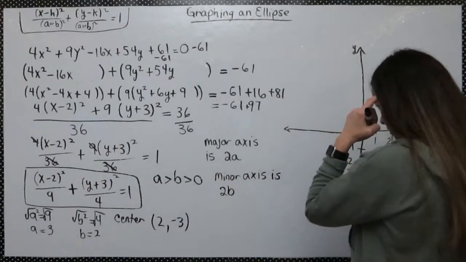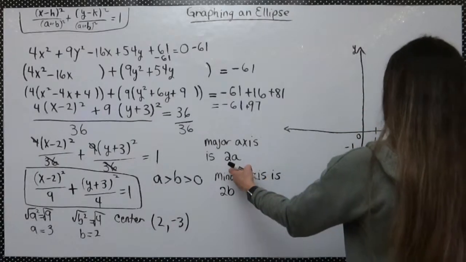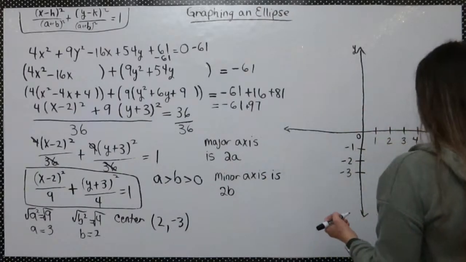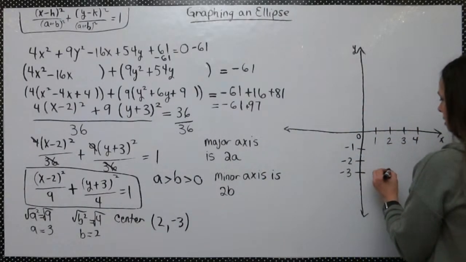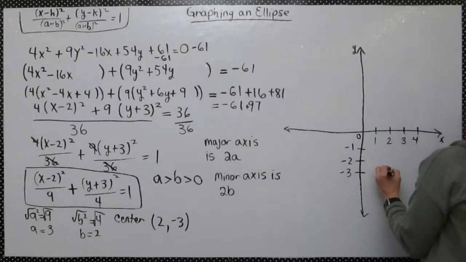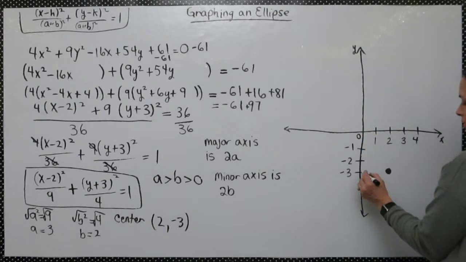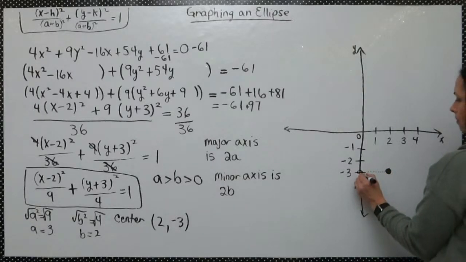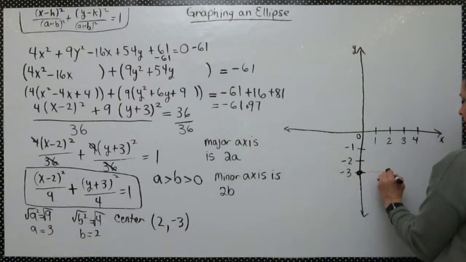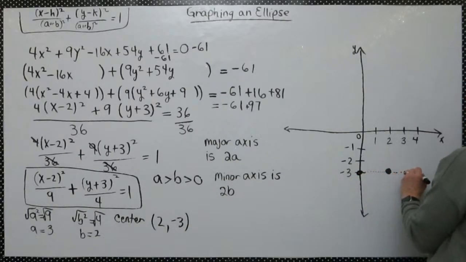So after you locate your center, you're remembering that A is the horizontal chord from the center out. So if I'm at 2 and I go in this direction, I'm at the y-axis here. And then if I'm at 2 and I go out to this direction, then I'm going to be at positive 4.